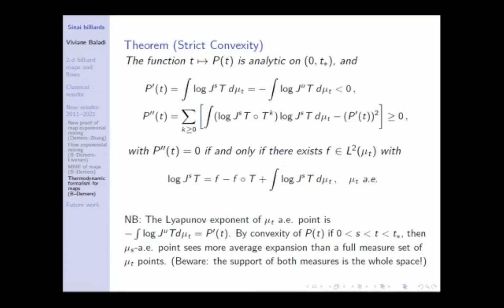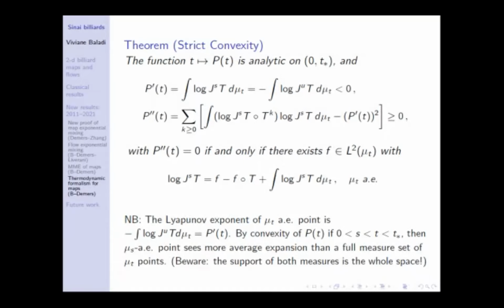I guess if you're brave enough, you could compute more derivatives. In particular, the second derivative looks like a Green-Kubo or correlation, whatever, the usual expression. And you can see that the second derivative vanishes if and only if the stable Jacobian satisfies some very rigid equation, which we expect is never possible, but we don't know how to prove.